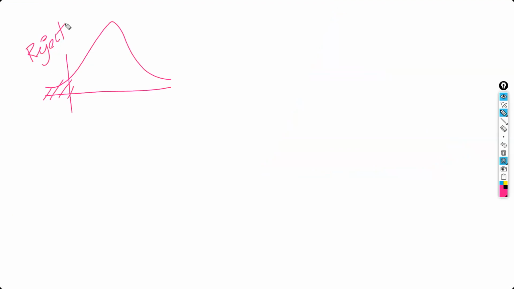This is the rejection region of the null hypothesis, where this percentage is 5%, and the acceptance region is 95%. This is left tail rejection.